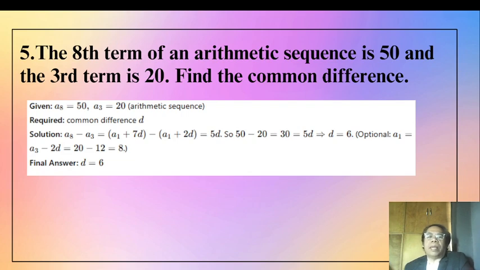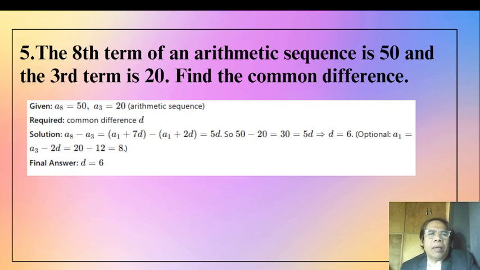So number 5. The 8th term of an arithmetic sequence is 50 and the third term is 20. Find the common difference. So we're given a8 = 50 and a3 = 20. We require the common difference d.